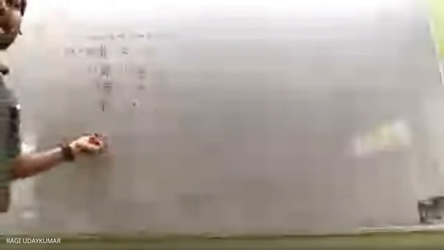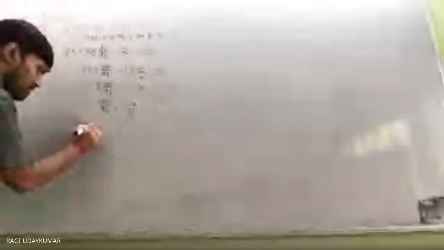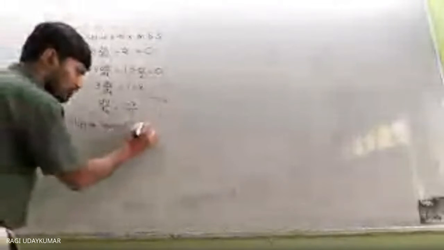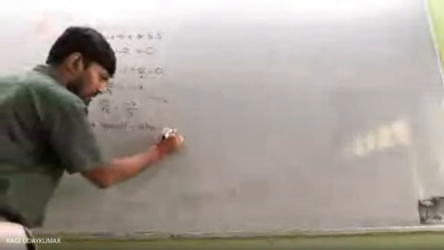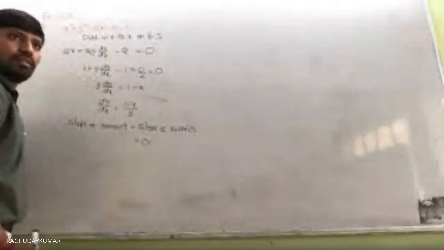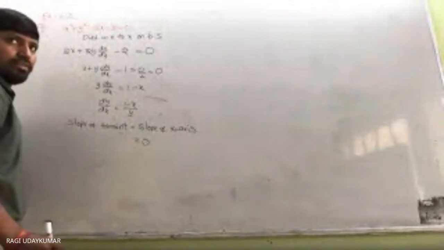1 minus x by y is equal to 0 actually, right? Because as it is given, the slope of the tangent is equal to the slope of the x-axis. What is the slope of the x-axis? 0.